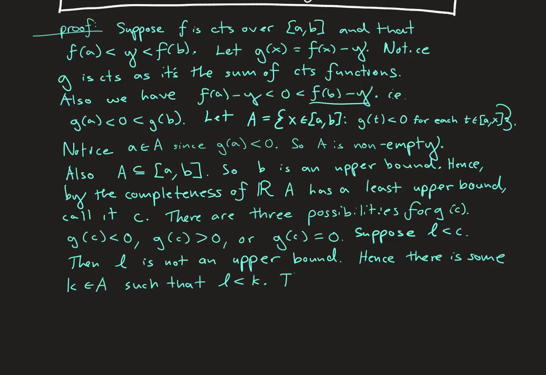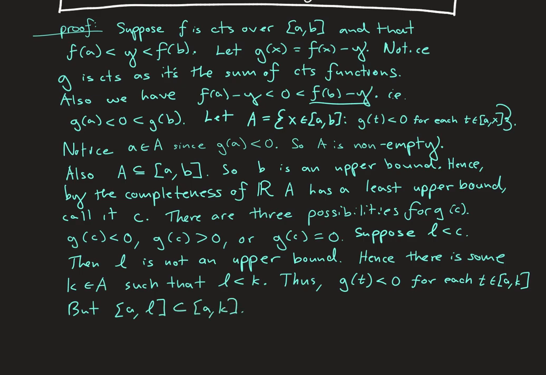Hence, since K is a member of A, that means by definition, g of t is less than 0 for each t in the closed interval a to K. But the closed interval a to L is a proper subset of the closed interval a to K. Hence, g of t is less than 0 for each t in this closed interval.